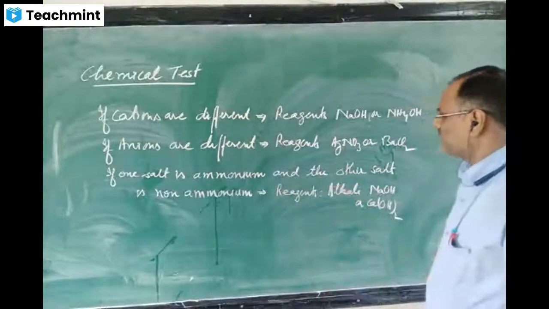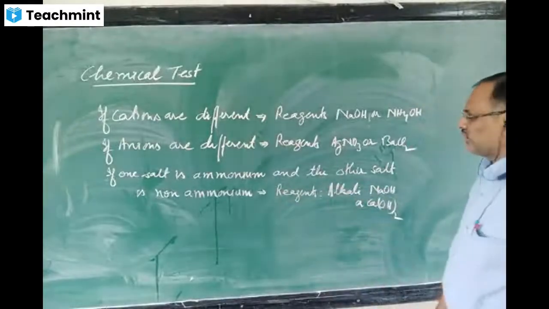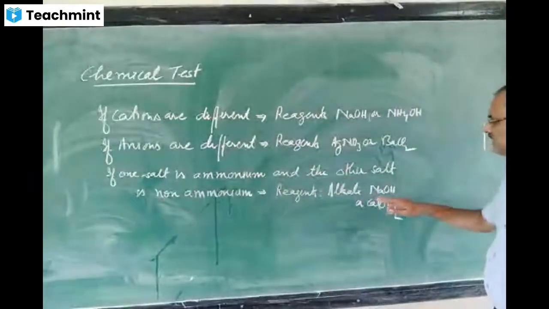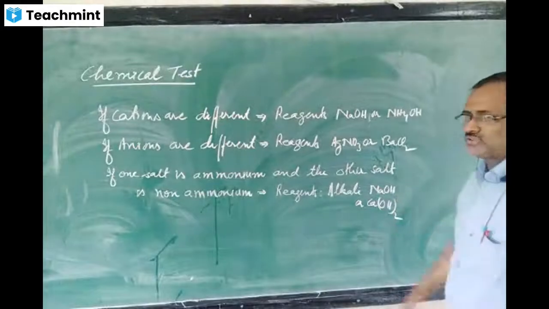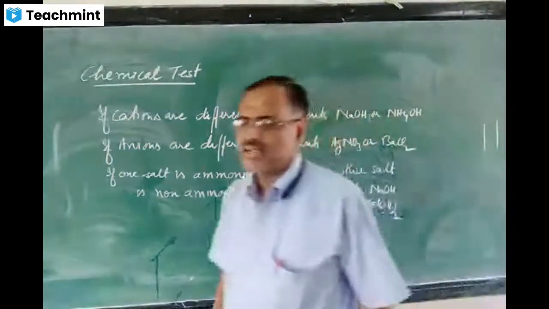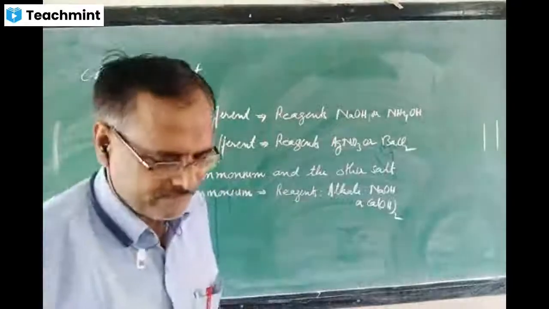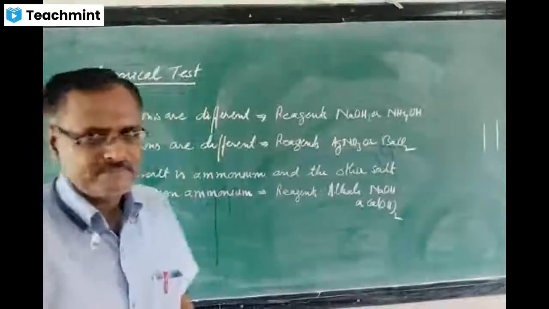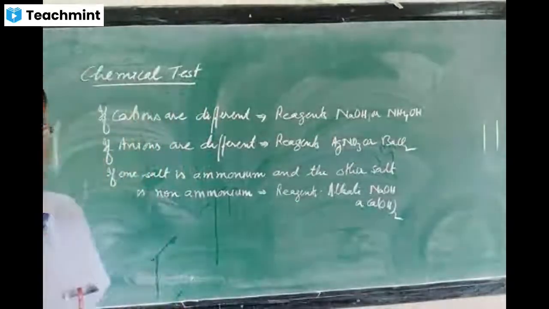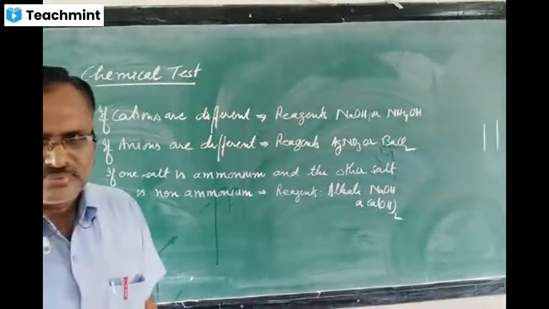If one salt is ammonium and the other salt is non-ammonium, then the reagent used will be alkali, either sodium hydroxide or calcium hydroxide. All have written? Yes, sir.